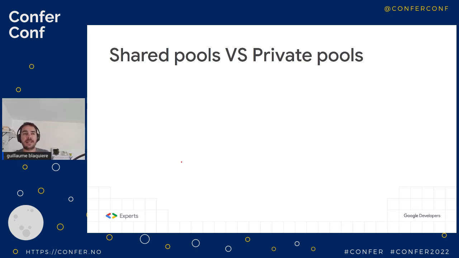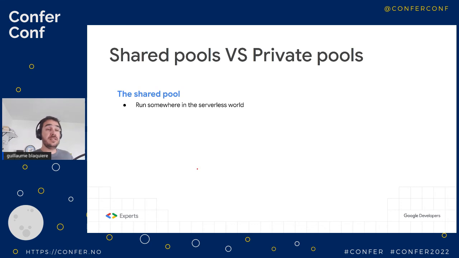Before going to the last step, I would like to present you a new concept on Cloud Build. New, I think it was released last year, but it's important to understand the difference between the shared pool, the legacy Cloud Build in fact, and the private pool, the new feature. The shared pool is the legacy infrastructure, and when you run a build, it runs somewhere in the serverless world.